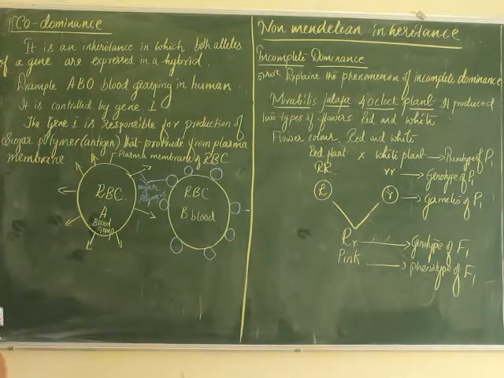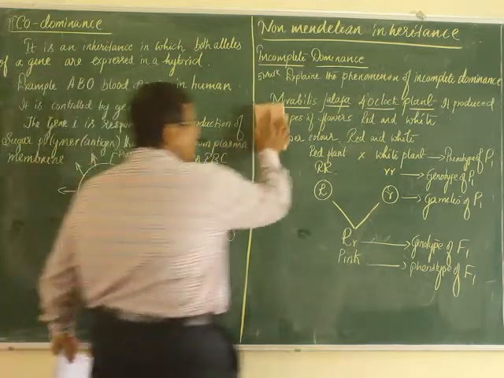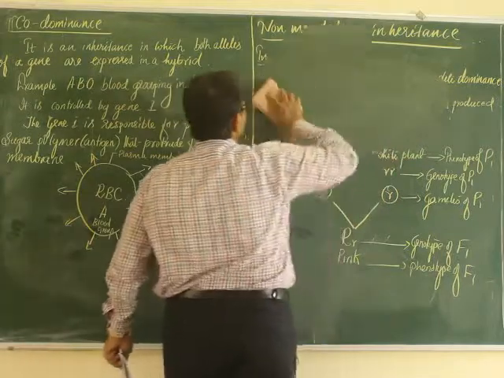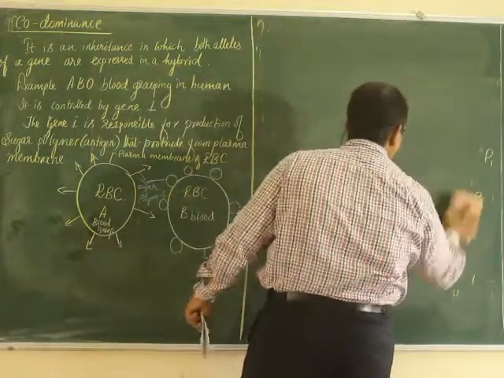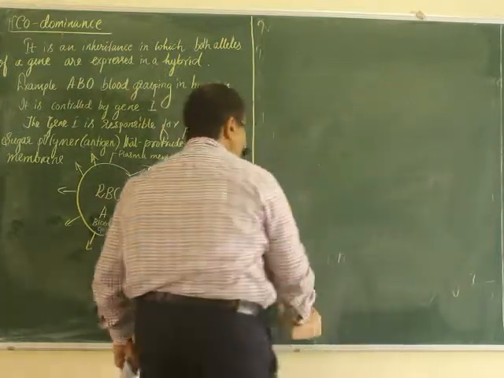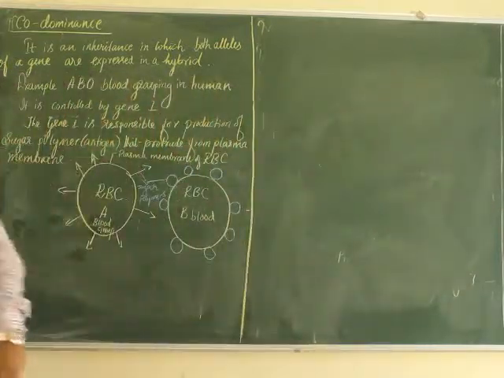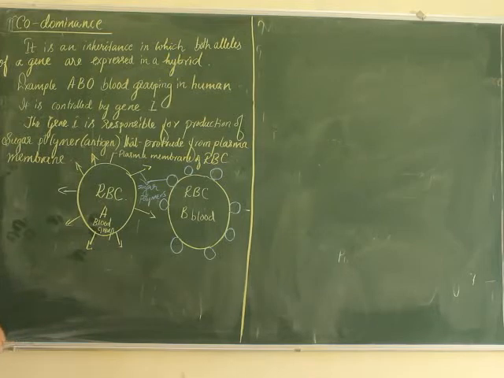Then how will the AB blood group be? AB group will be like this. Now both the sugar polymers will be there on the plasma membrane of the RBC.